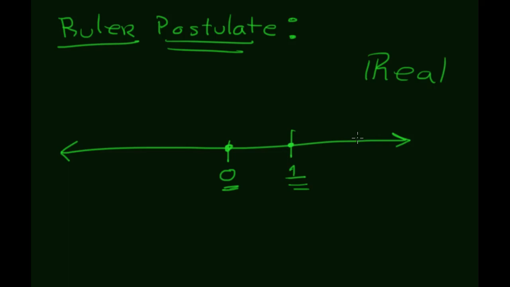Let's say I want to find 2. From 0 to 1, that's 1. And then, if I go one more of those units away, I get 2. Another one of those units away gets 3. This one is going to be 2.5 or 5 halves. Back here is 1/2. So that's all the positive real numbers.